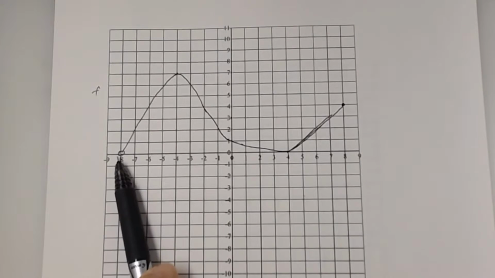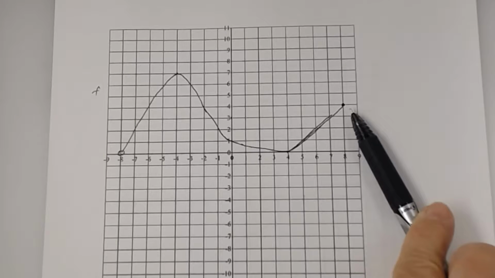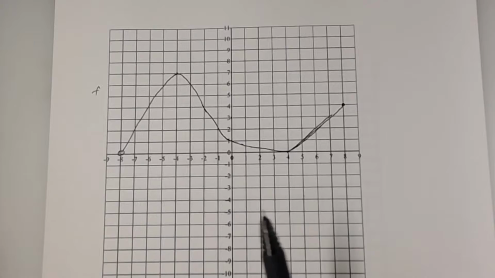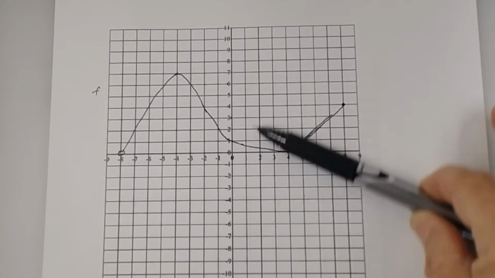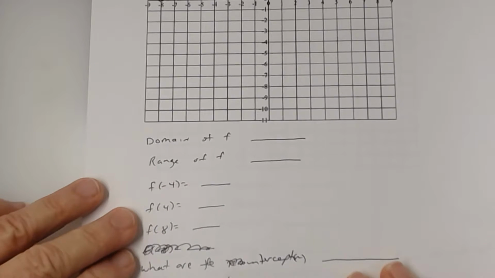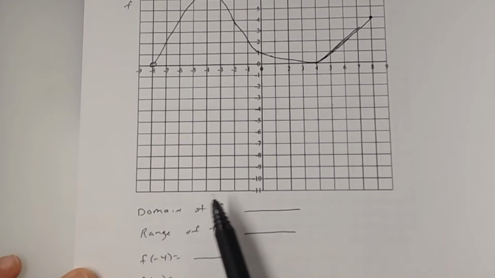This graph has an open circle and it also has a closed circle. So always keep that in mind. There are no arrows here on this particular function, but it is a function because it does pass the vertical line test. And the domain and range and the function value should be easy for us because we had that in previous lessons. But let's talk about the domain.